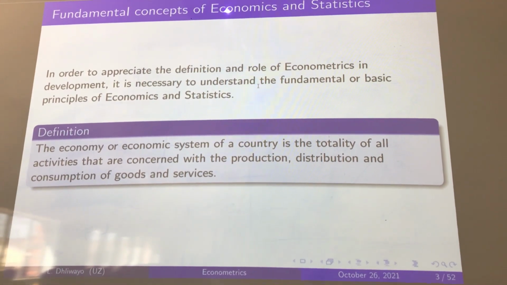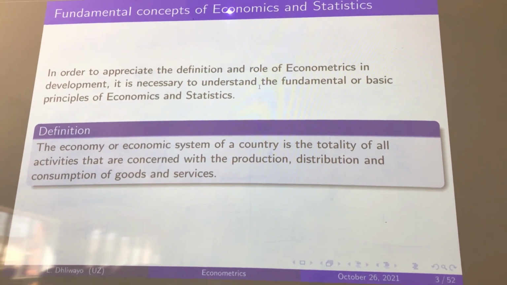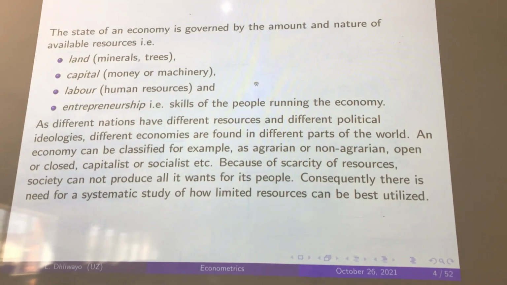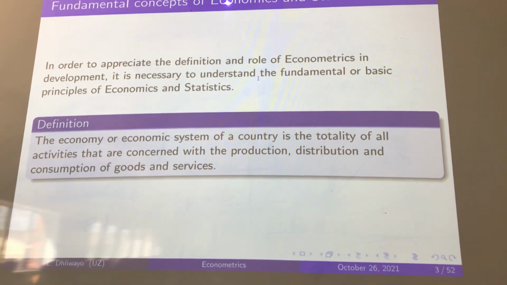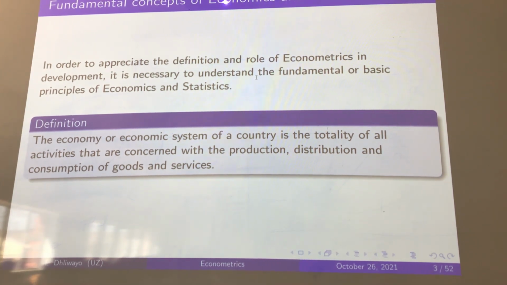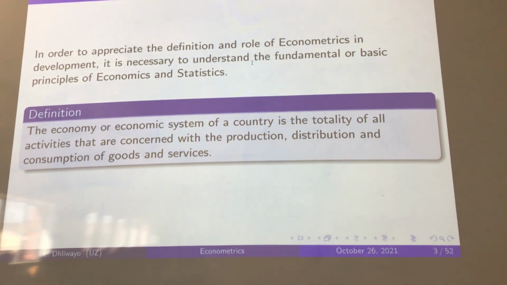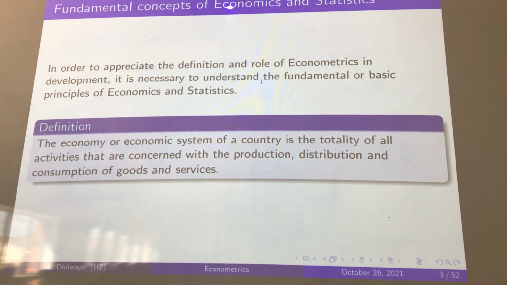That's the definition of economy and economic system. Some of these definitions you need to know, because I'll ask you to define economy or define economic system. It's simple. You can answer that one.